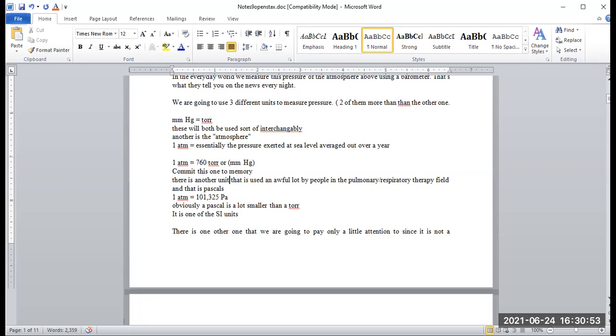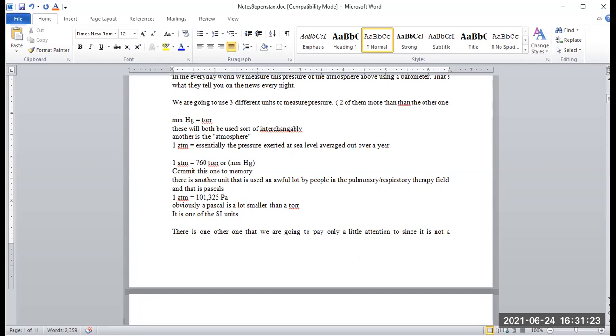If you are going into respiratory therapy as a career path, and you are reading information about how to set ventilators and things like that, that is one of the few situations where they reference pascals more often than any other medical field.